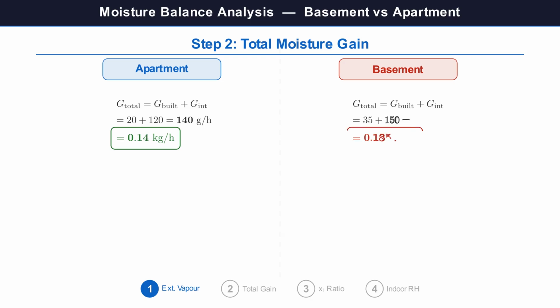The basement generates 32% more moisture internally. Combined with lower ventilation, this is already a concerning pattern. G total established. Apartment, 0.14 kilograms per hour. Basement, 0.185 kilograms per hour. Proceeding to Step 3.